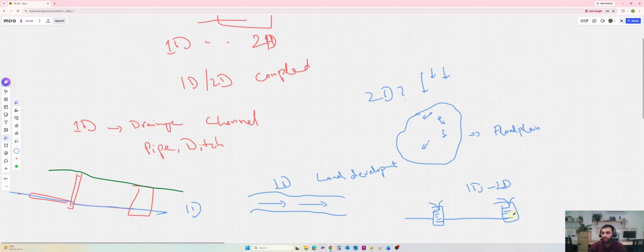Because currently if we have a 1D model, we will have a table that will show that, for example, MH1 has flooding, but how that flooding will occur on the ground. So this is why we need a 1D 2D network. So basically this is for the more detailed analysis.